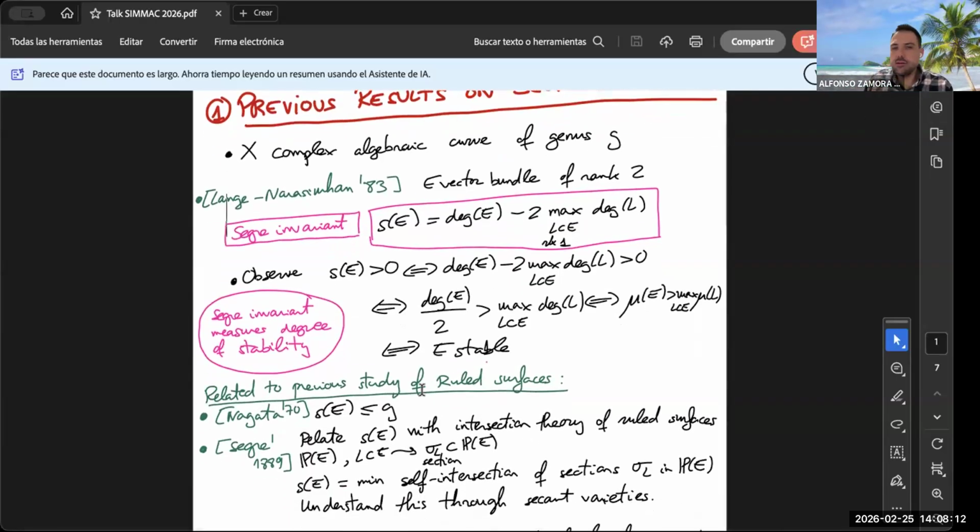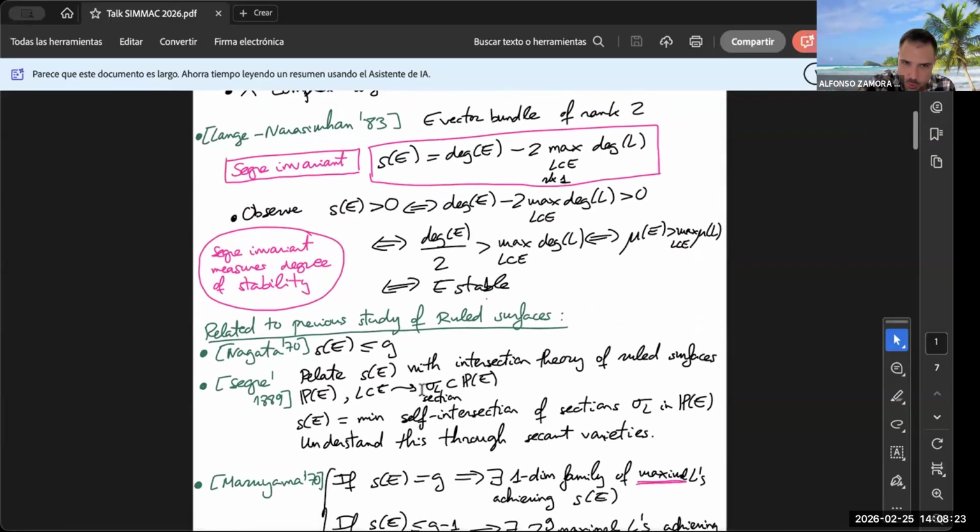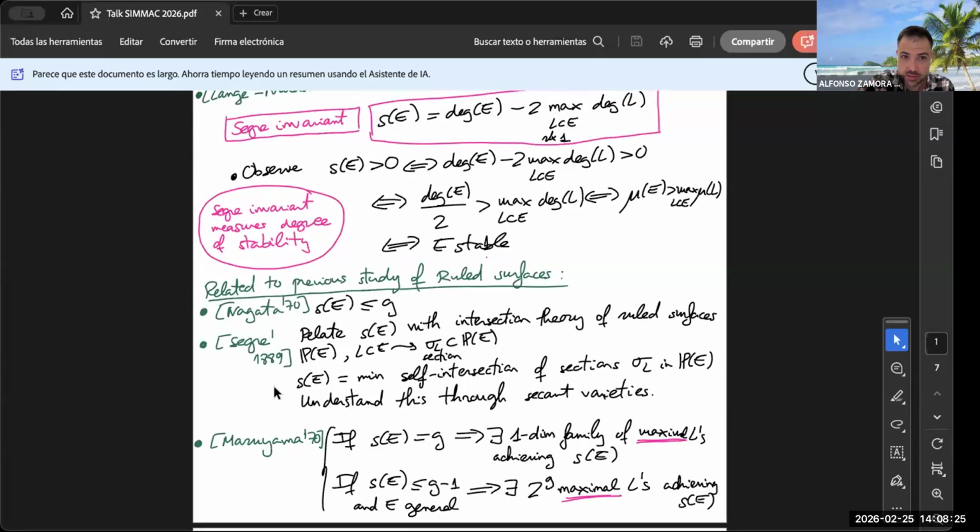Lange and Narasimhan studied this because they wanted to translate to the moduli space of rank 2 vector bundles a former idea going back to Segre's result in 1889, where he studies the intersection theory of ruled surfaces.